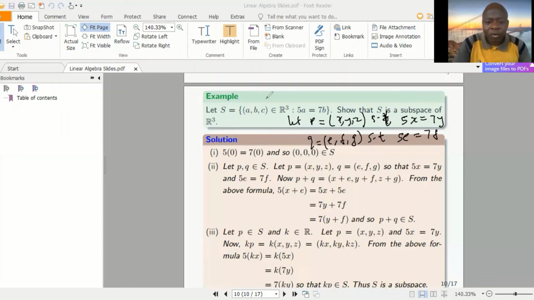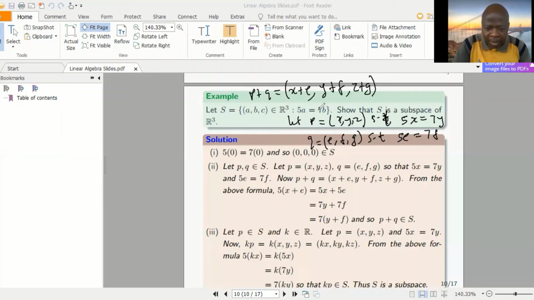So what will be the sum of these vectors? P plus Q. The sum would be, just add the corresponding elements: x plus e, then y plus f, then z plus g. So this would be the sum of these 2 vectors.